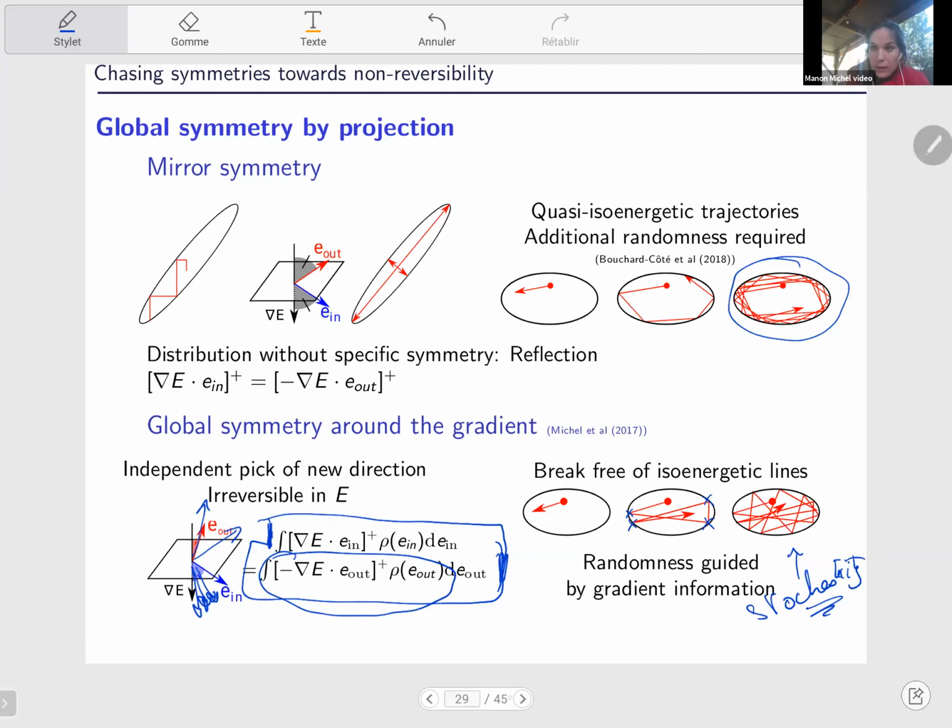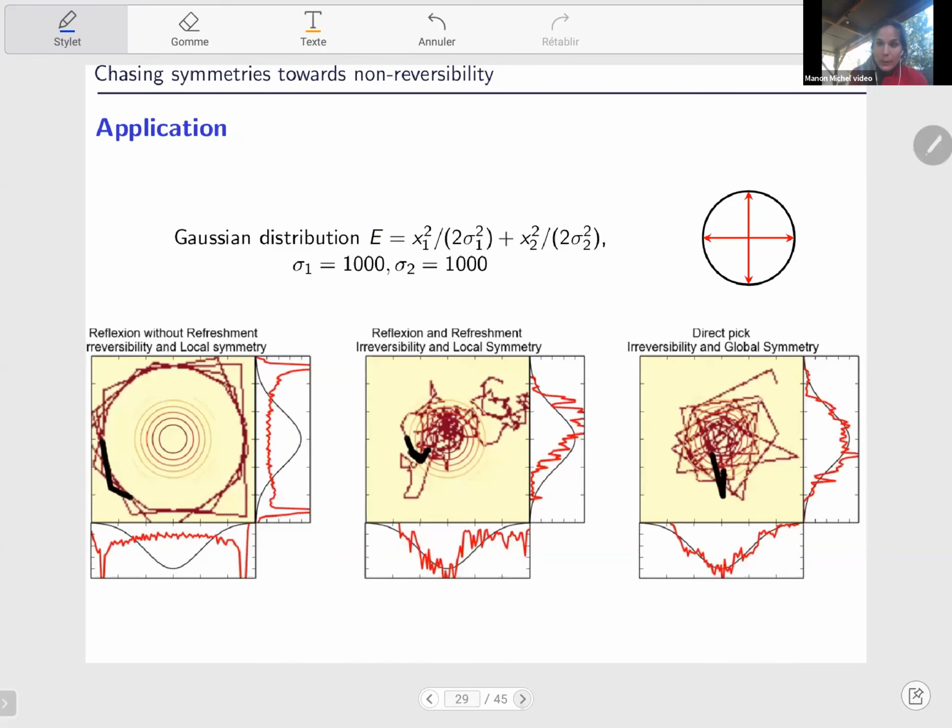Perfect. So yeah, I will just show you some movies. So here I have a simple Gaussian distribution, and it's just to show that here I have a scheme with reflection. Actually, that's what is known as the BPS of Bouchard, Vollmer, and Doucet, the Bouncy Particle Sampler.